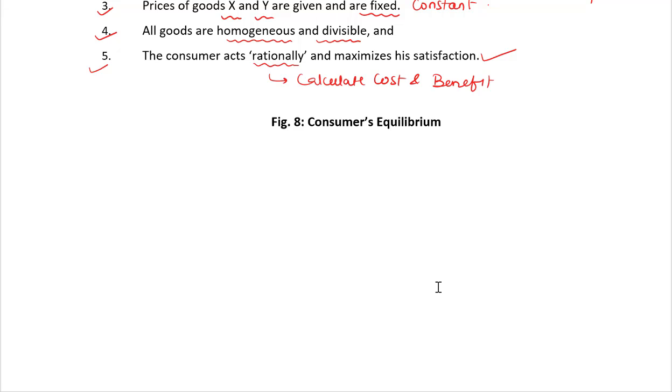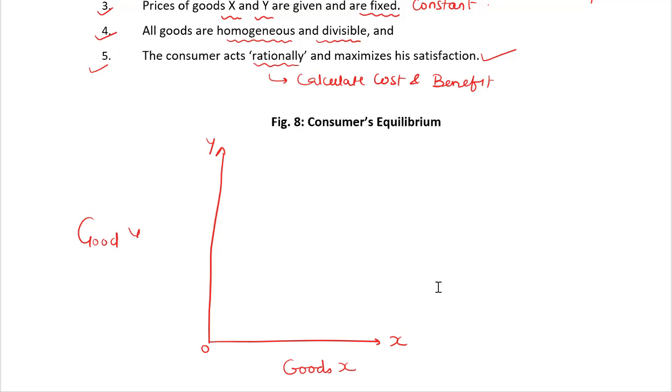So over here I'm drawing this graph for you. X, Y, origin. This is good X. Over here we are showing good Y on the y-axis.